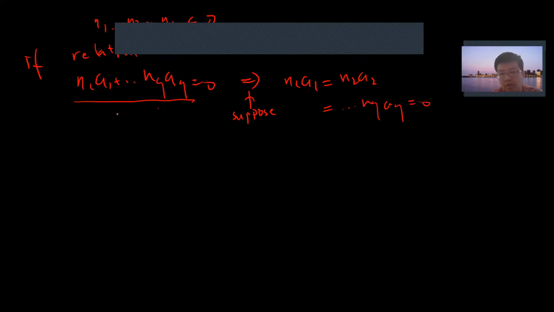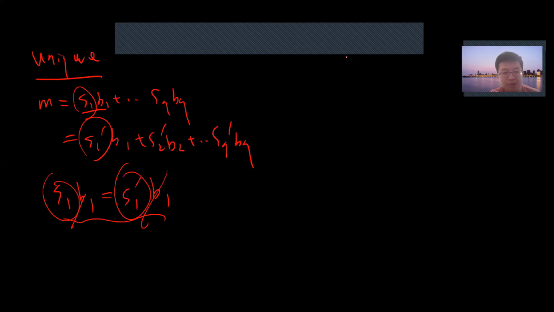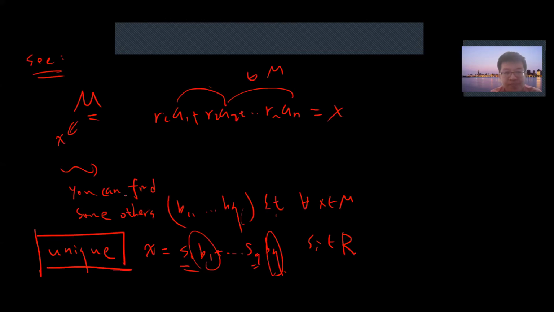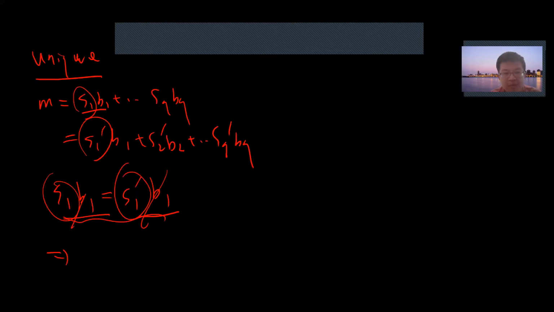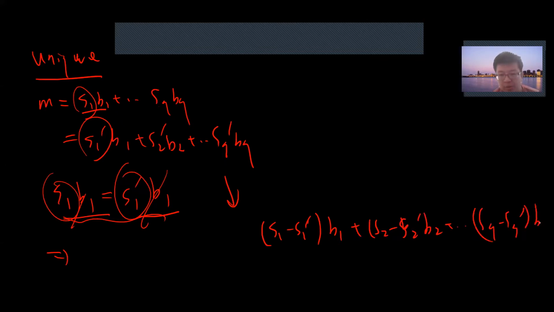If we have this result, then obviously this is unique, so obviously we prove that M is a direct sum. Because if I get two such expressions, then I will get this one the same as this one. The reason is that you can write it as S1 minus S1 prime times B1, S2 minus S2 prime times B2, up to SQ minus SQ prime times BQ.